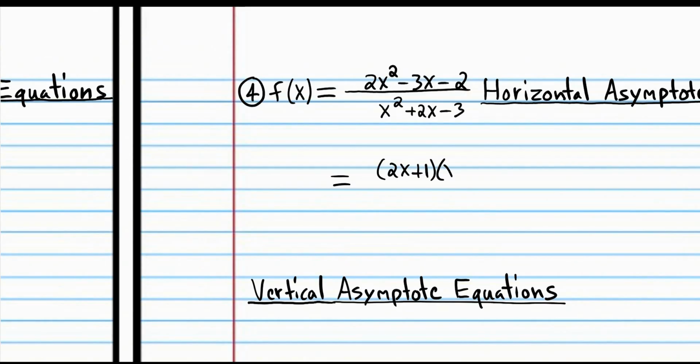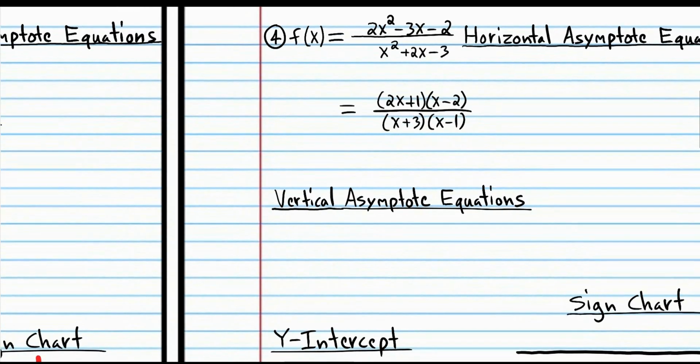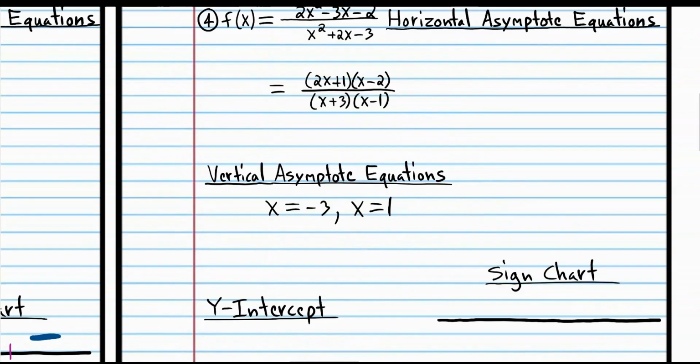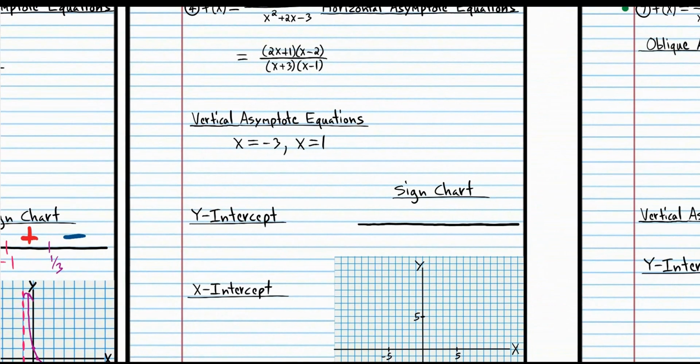I'm going to factor the numerator, and looks like I factored correctly. And I'm going to factor the denominator. That looks correct. So now we can see that there's vertical asymptotes at x equals -3 and x equals +1. Let's go ahead and graph those.